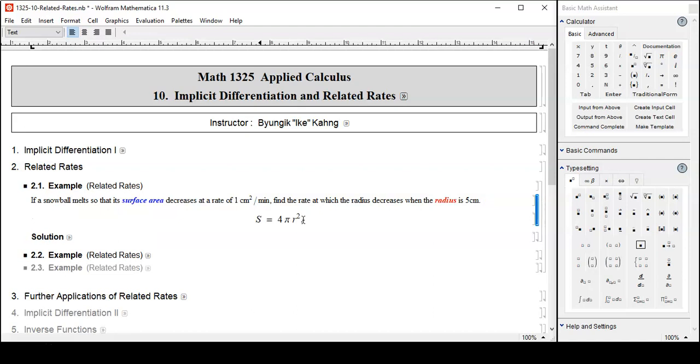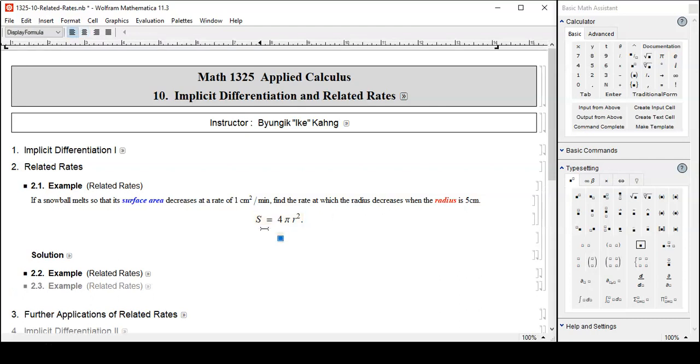Well, there you go. From elementary geometry, surface area and the radius, S is 4 pi r squared. So we have one relation, and let's get the second relation by implicit differentiation. Not too bad. Let's take the derivative implicitly. S prime is equal to 4 pi.